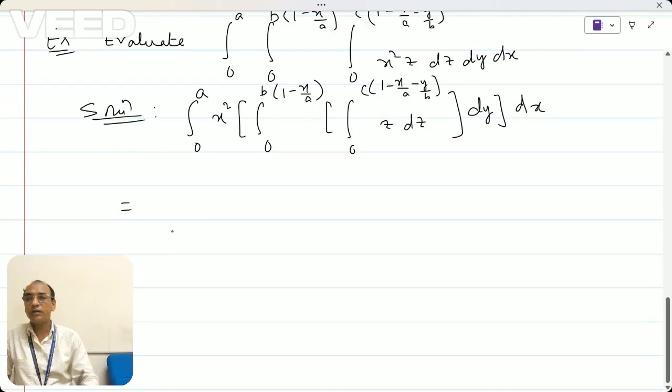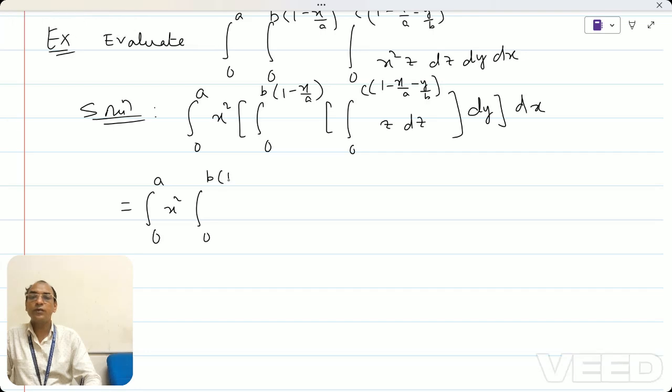So we can have here integration 0 to a x square, integration 0 to b into 1 minus x by a, and here the integration of z will be z square by 2, and the limits are 0 to c into 1 minus x by a minus y by b.